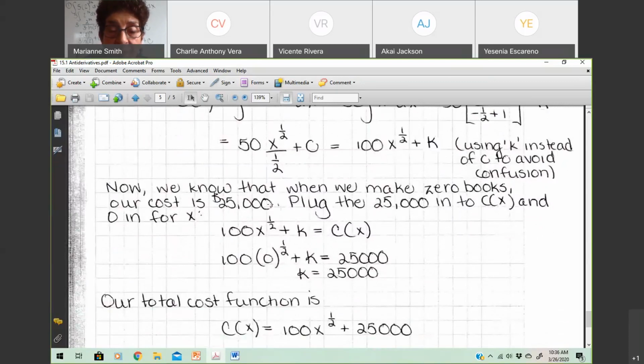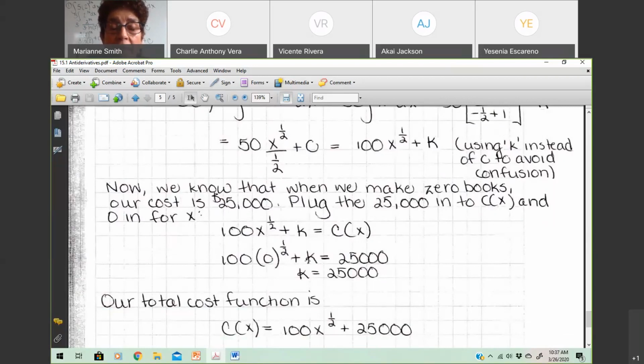That's fixed cost. This could be for equipment, it could be for plant maintenance, who knows what. So what I'm going to do is plug in 25,000 for the C of X part, the cost, okay? And I'm going to plug in 0 for X, okay?